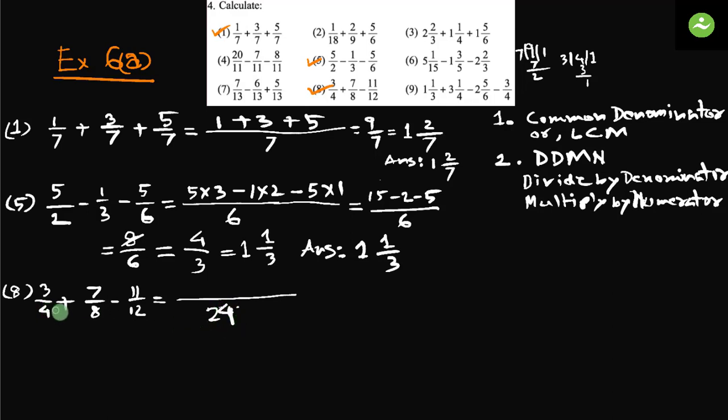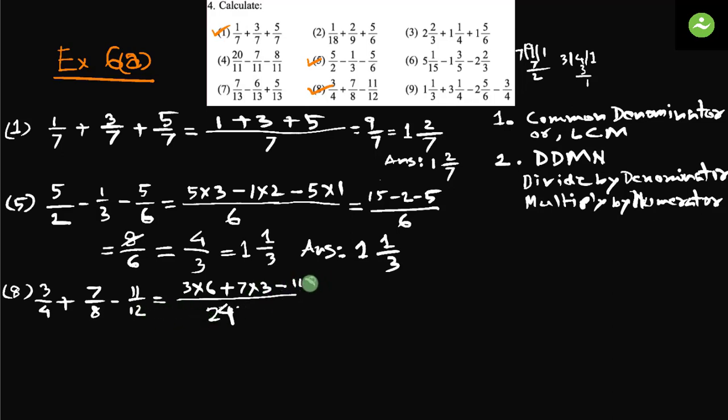So 24. So divide by 4 is 6. 3 into 6. Plus divide by 8, it is 3. 7 into 3. Minus divide by 12, it is 2.